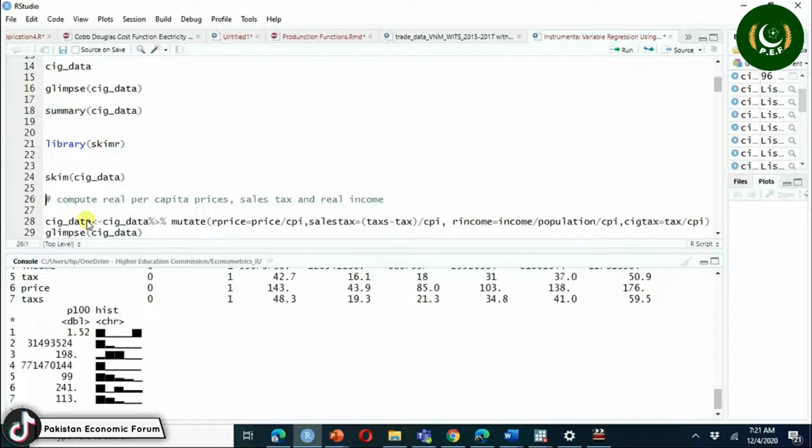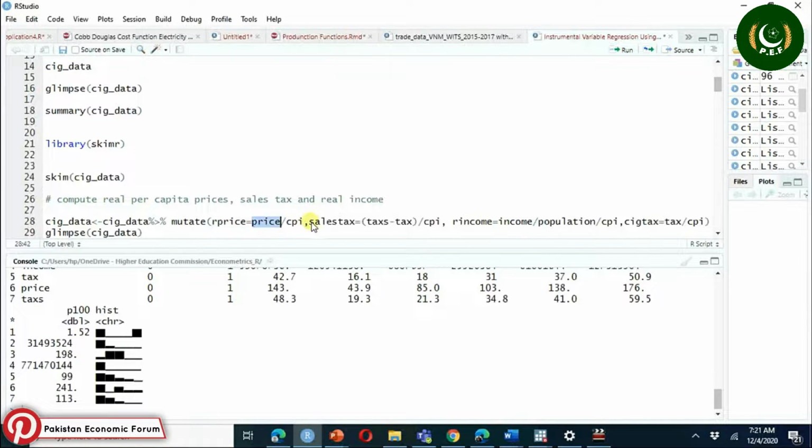Let's come to our point. Now we have cigarette data. First of all, I am going to construct a few variables. The very important verb or command you need to remember is mutate in dplyr in the tidyverse package. I have cigarette data, and I am going to construct new variables. What are these new variables? Real price: price divided by CPI.